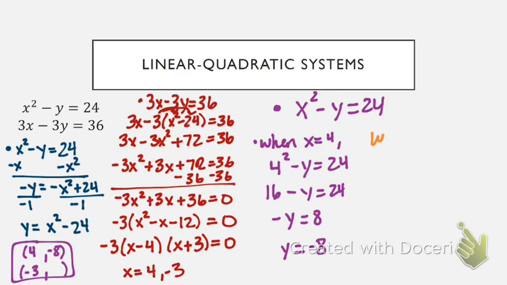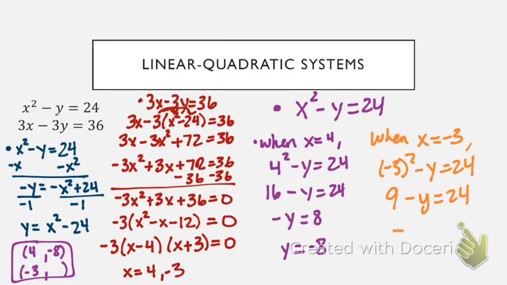When x equals negative 3, we have negative 3 squared minus y equals 24. And y equals negative 13.